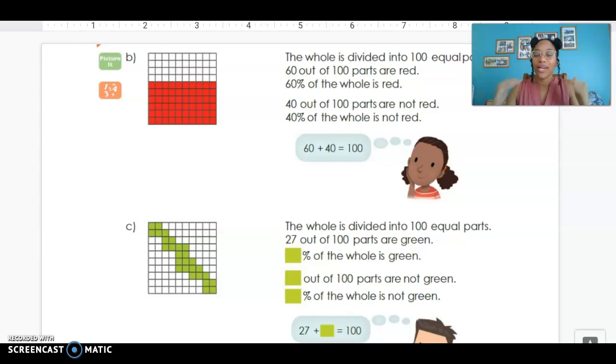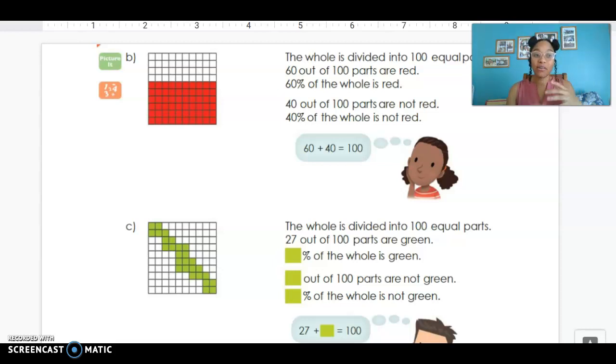Now that we know 27% are green, we can figure out how many are not green by thinking through that addition phrase. 27 plus what gives me 100? Because every single time the groups in the percent have to add up to 100. We could also flip this to solve the mystery and use a subtraction phrase to find the missing number.